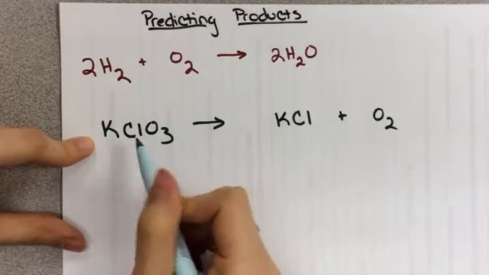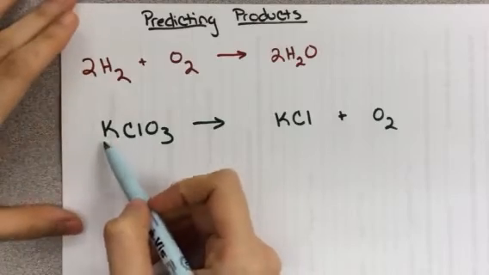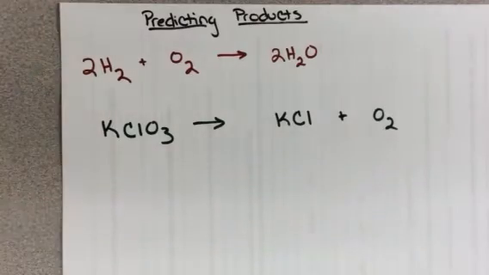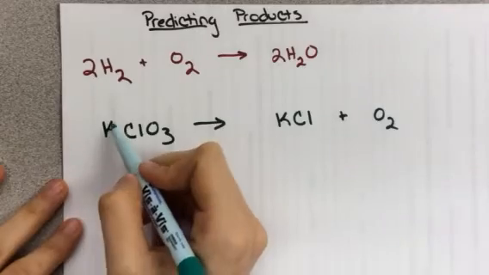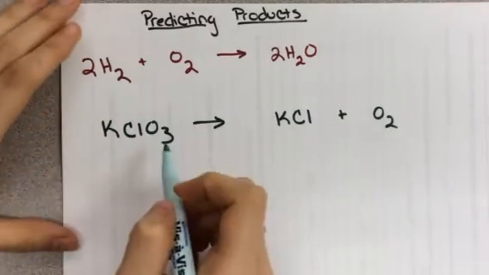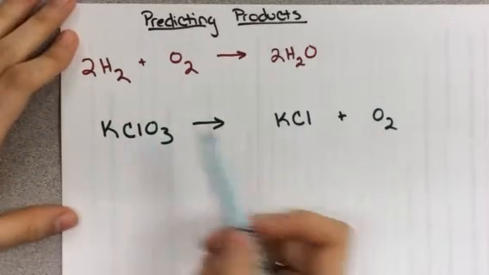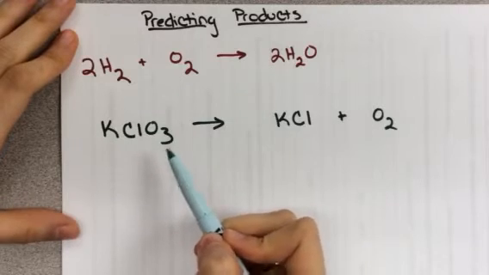It would be a little bit challenging. Most people would think that it dissociates into their separate ions. So you have a potassium ion, you have the chlorate polyatomic ion, but that's not very stable.